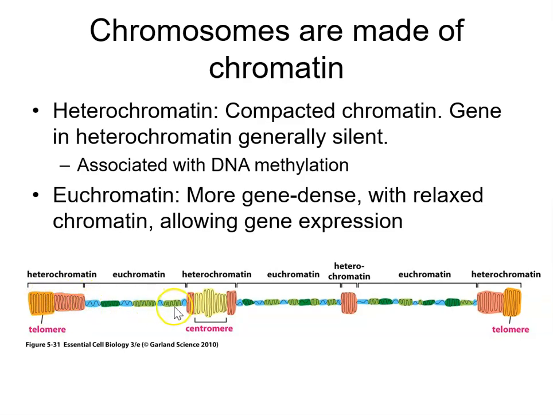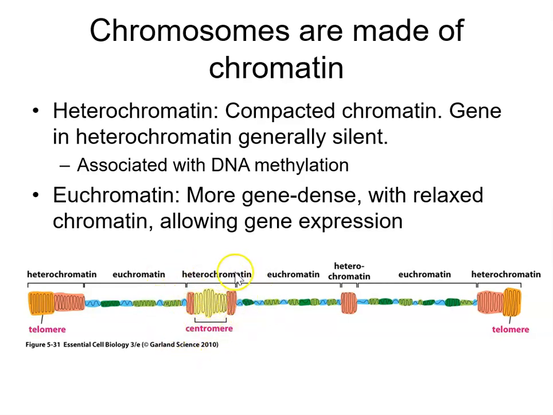We've then got euchromatin, which has a much looser DNA wrapped around histones, much easier to express genes from this type of chromatin. This chromatin can be silenced with histone modifications, as we'll come on to later, but this is where we'll find most of our important genes.